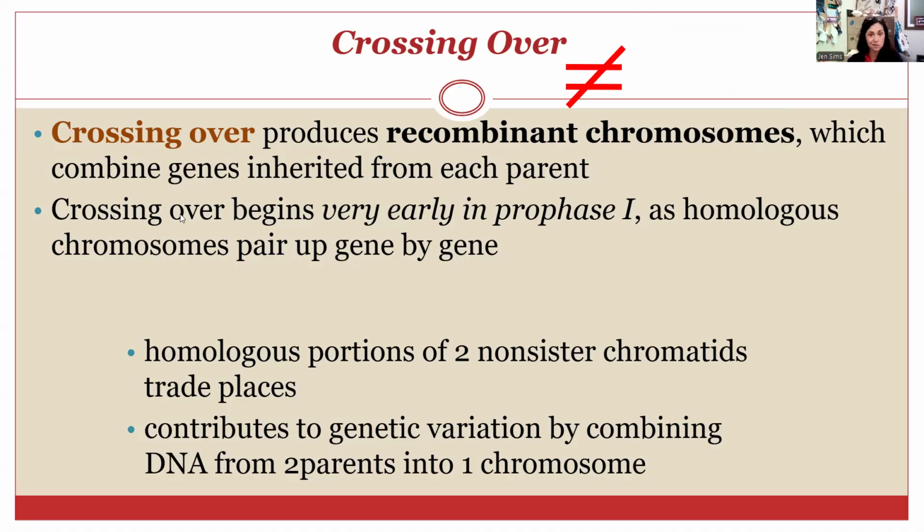Wouldn't make any sense for sisters to trade chunks because they're just copies of themselves. So non-sisters, moms and dads, swap. And what it does is it contributes in a huge way to genetic variation, creating bigger amounts of variation in one chromosome.